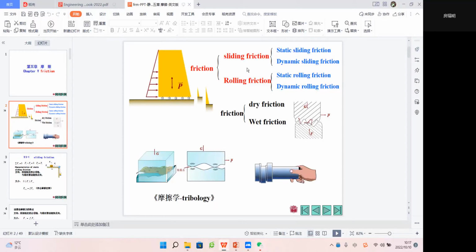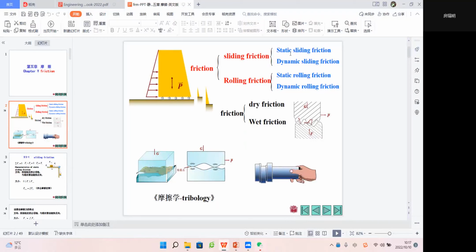If the relative movement of the two bodies is translational movement, we call that sliding friction, because the friction force prevents relative movement along some line or direction from happening.